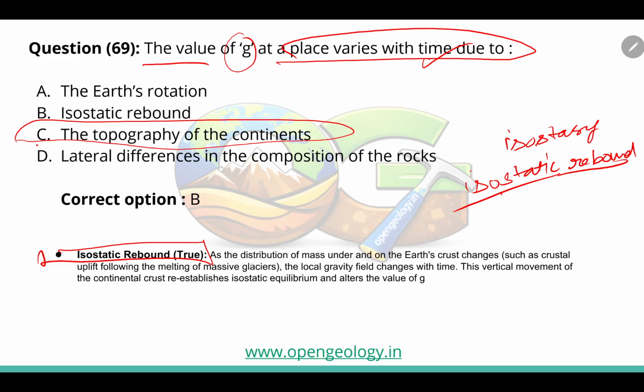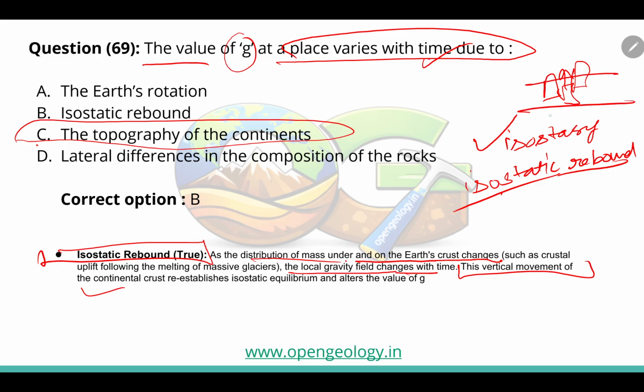The continuous distribution of mass under the Earth's crust changes the local gravity field with time. This vertical movement of the continental crust, the isostatic adjustment, adjusts to a level of depth of compensation. So this adjustment re-establishes the isostatic equilibrium, which always changes the value of gravity.